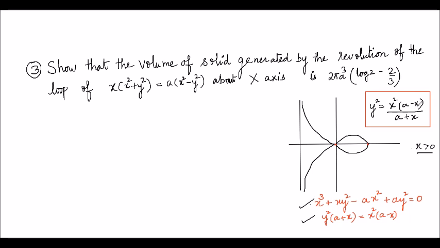If x is less than a, a − x is positive, but if x is greater than a, a − x becomes negative and y² is not defined.